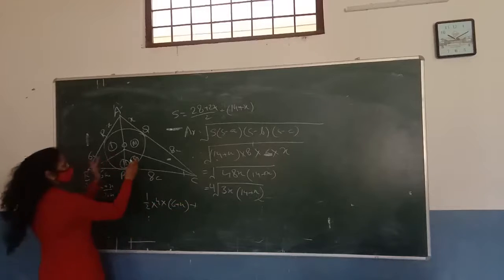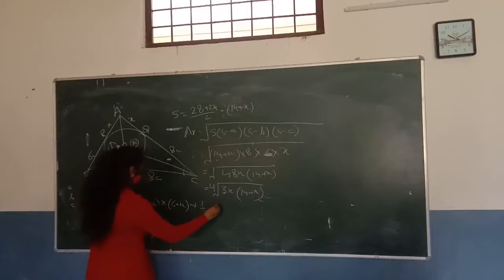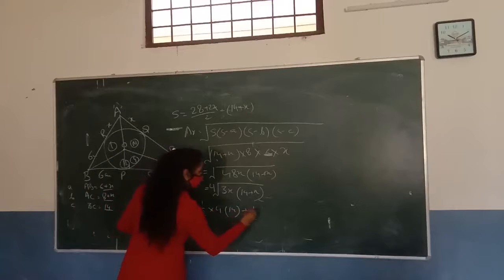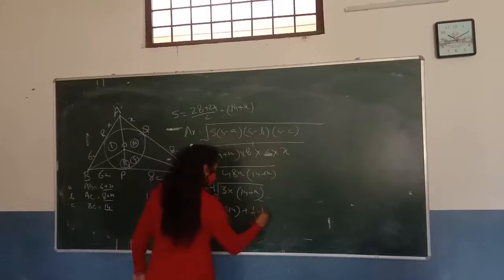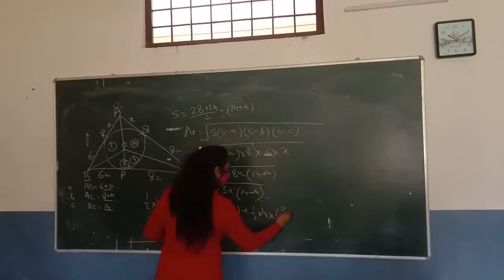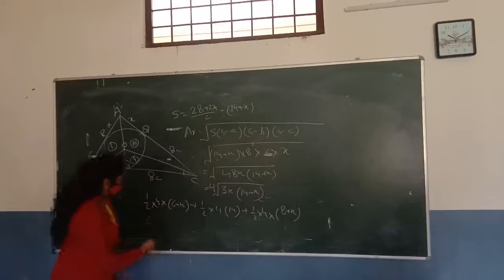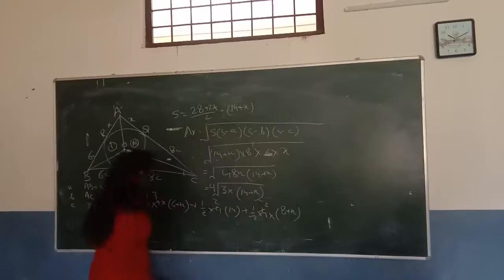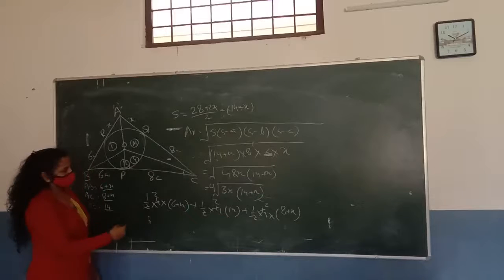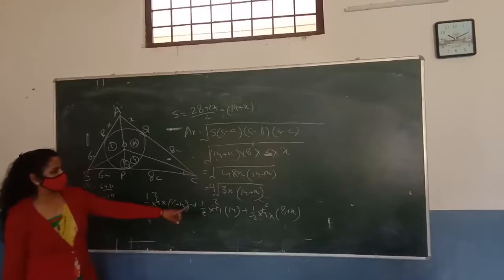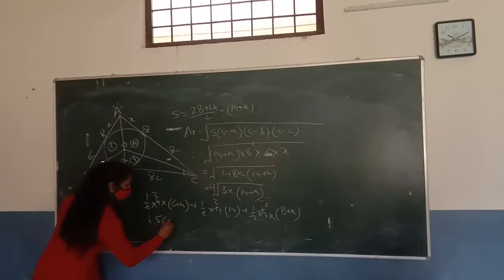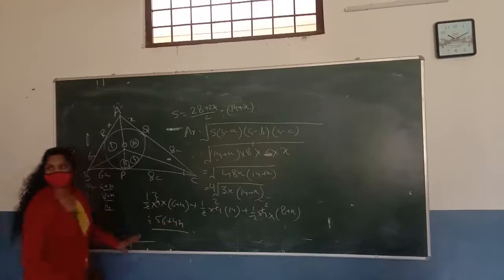Plus of this triangle 1 upon 2 into 4 into 8 plus x. Plus x. So how much will it be? 12 plus 2x plus 16 plus 2x. How much? 28 plus 4x. It will be 28 plus 4x.